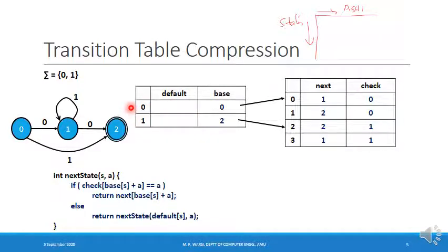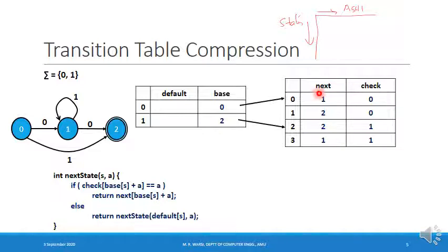Corresponding to each state, there is an entry in the default array and in the base array. This entry corresponds to state number 0, and this entry corresponds to state number 1. Similarly, in the next array and in the check array, there is a block of memory allocated for each state.